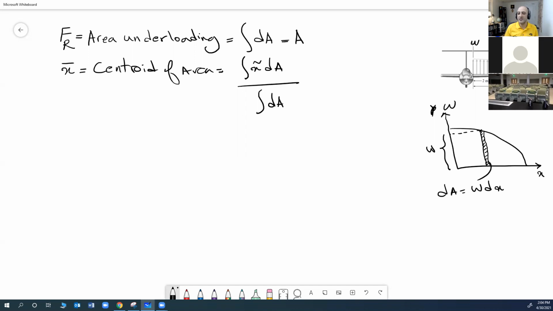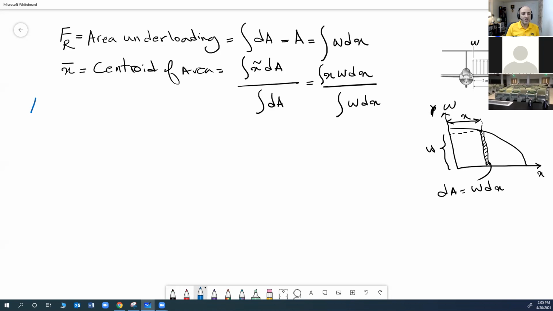X tilde is the distance of the centroid of this area to the y-axis, or in this case the W-axis, which is equal to x. So dA is w dx, and X bar is the integral of x w dx over the integral of w dx.